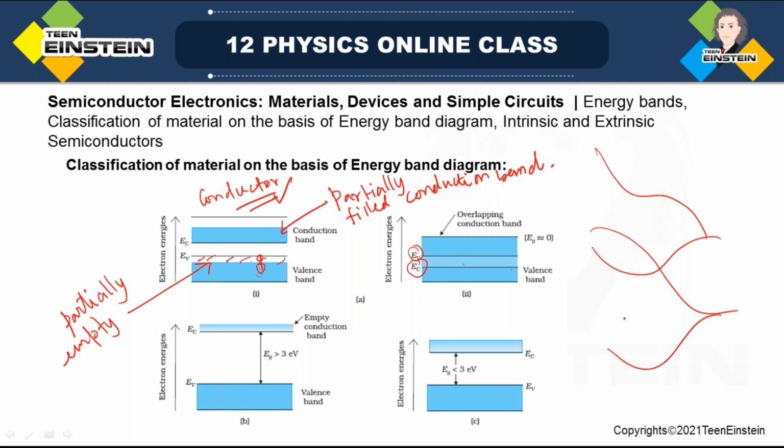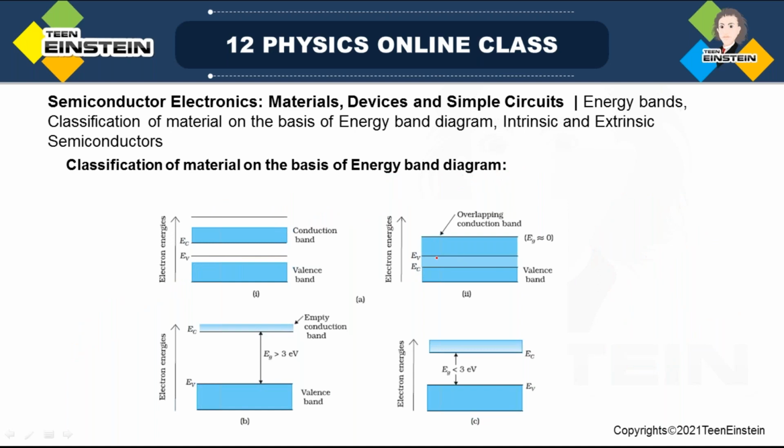Look here, the lowest level of the conduction band is below the highest level of the valence band. That means the valence band and conduction band overlap. In such a case, whatever electrons are there in the valence band can easily move to the conduction band and take part in the conduction process.